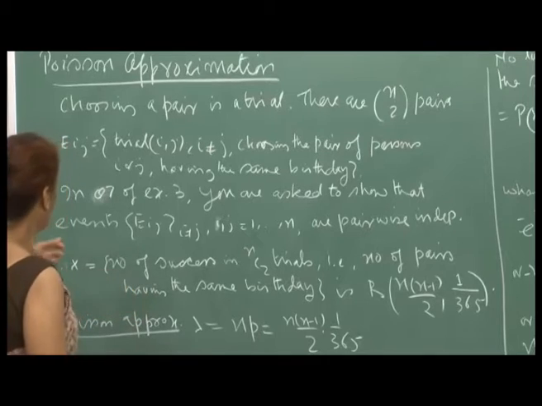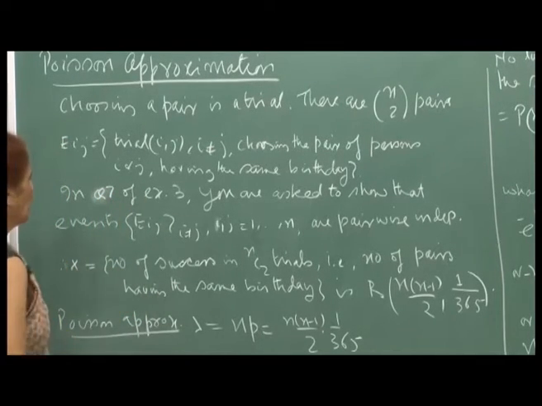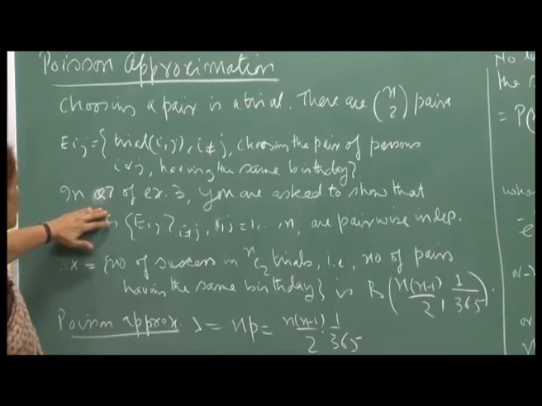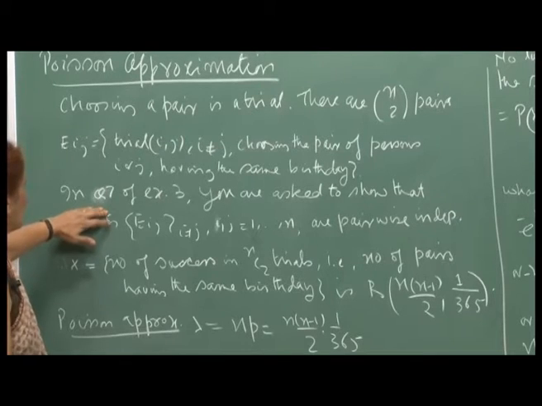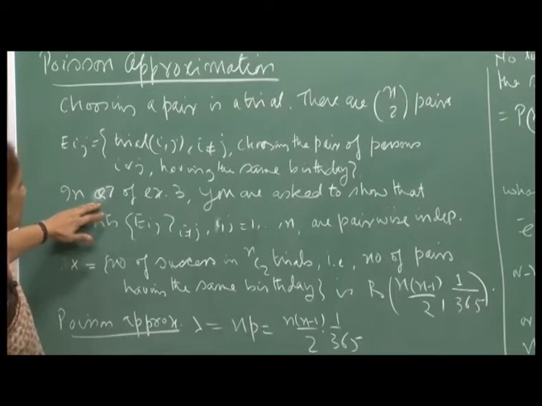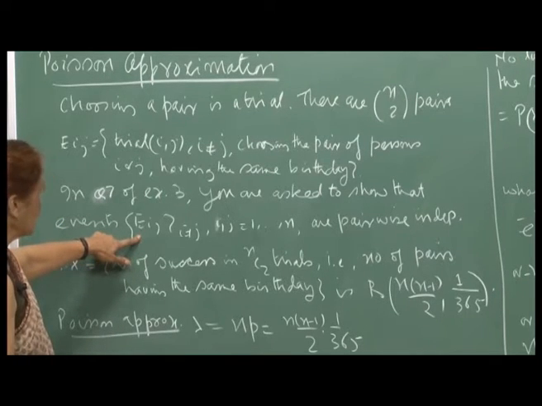Now, in question 7 of exercise 3, which I will be discussing at the end of having gone through all different kinds of discrete random variables, I am asking you to show that the events E_ij are pairwise independent.